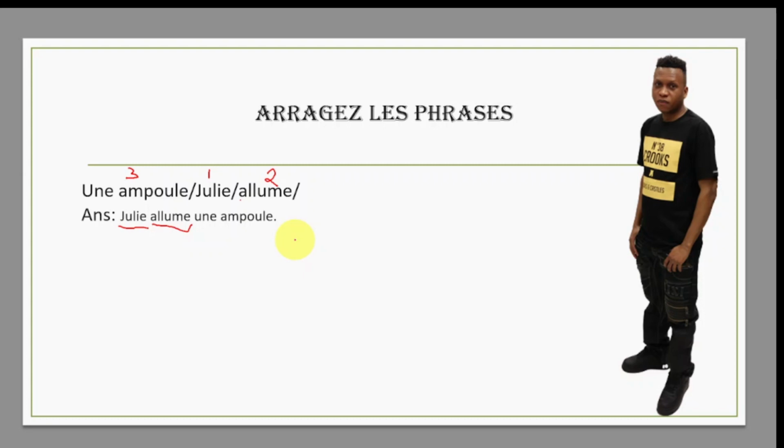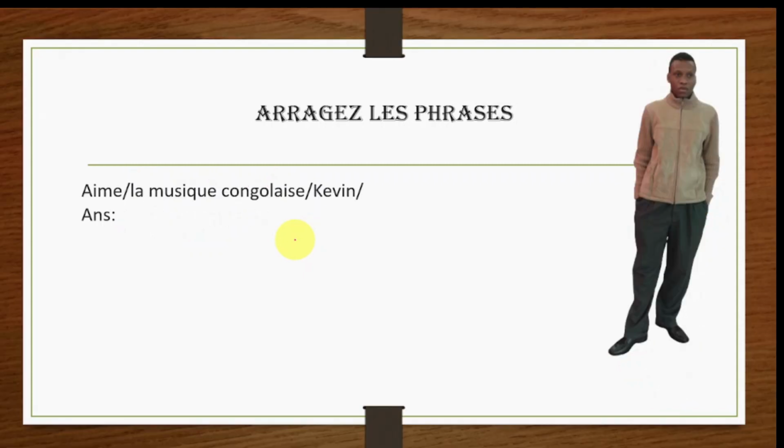Okay. So the next one, we have aimer la musique congolaise, Kevin. Inside of la phrase simple, you're going to see we have 3 elements.